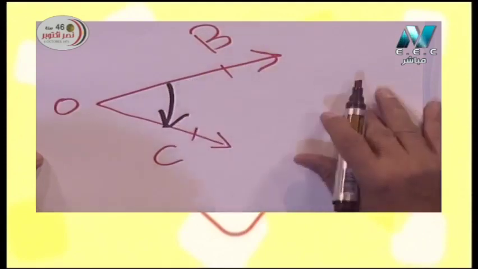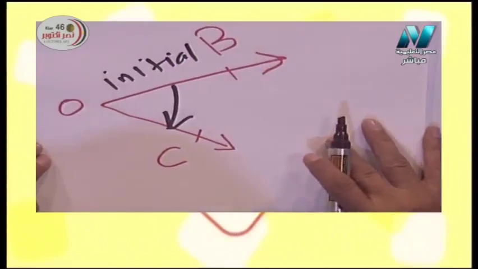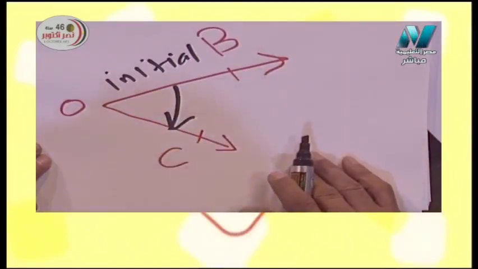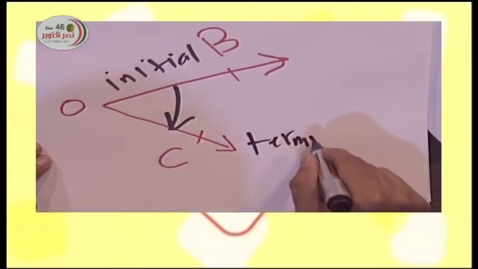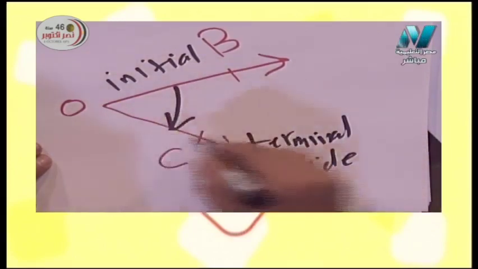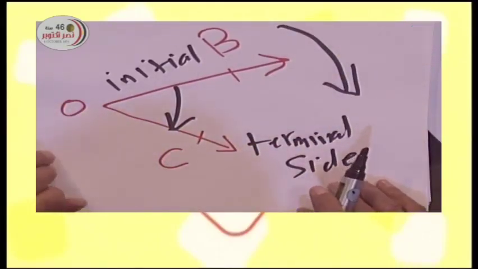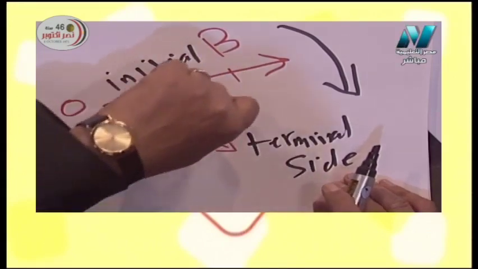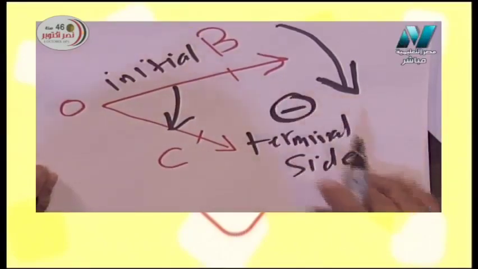OB is the initial side, and OC is the terminal side. This direction is clockwise direction. If you have a watch or a clock like that, you have the direction. This direction means clockwise direction, which is negative.